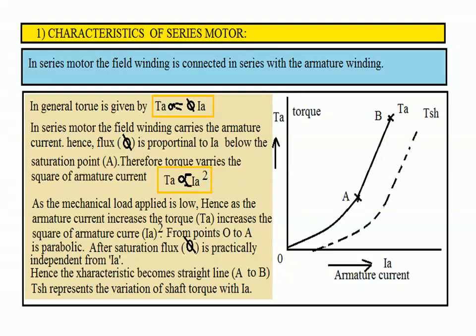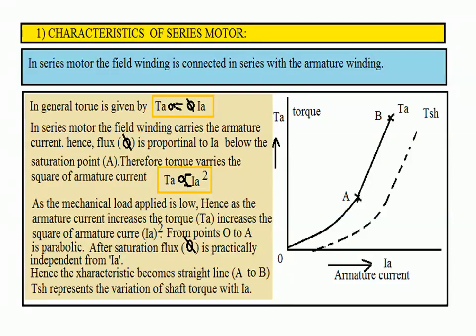Number one, series motor. Already we know that in a series motor, the field winding is connected in series with the armature winding. In this series motor, all currents are equal: total current, series current, armature current. So, in general, the torque developed in a motor is proportional to flux and Ia.